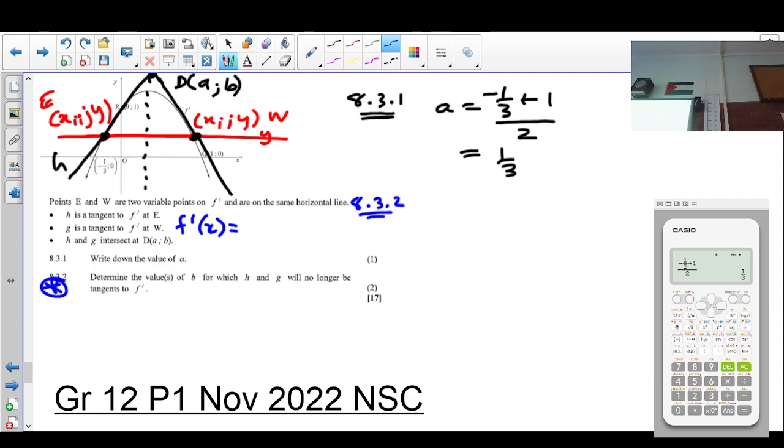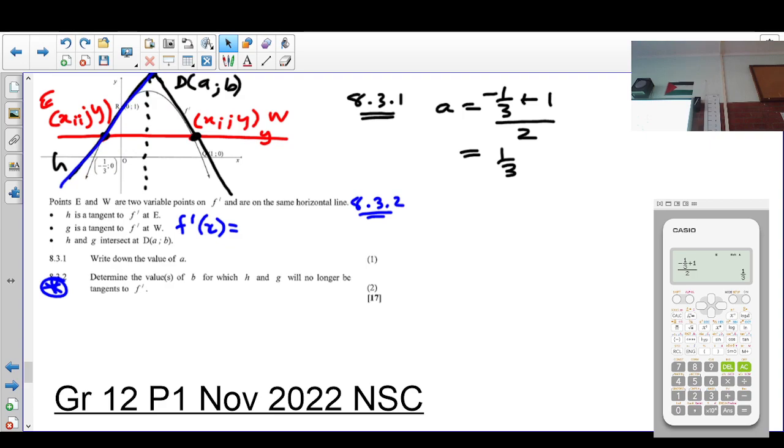Then the values of B for which H and G will no longer be tangents. For this not to be tangents any longer, if we take exactly this line here, okay, and we move this line up, then it won't be a tangent any longer. Can you see that? Or if I move this down, it won't be a tangent any longer.